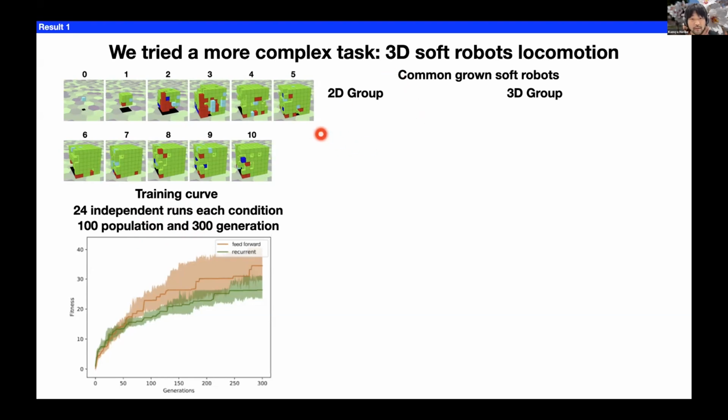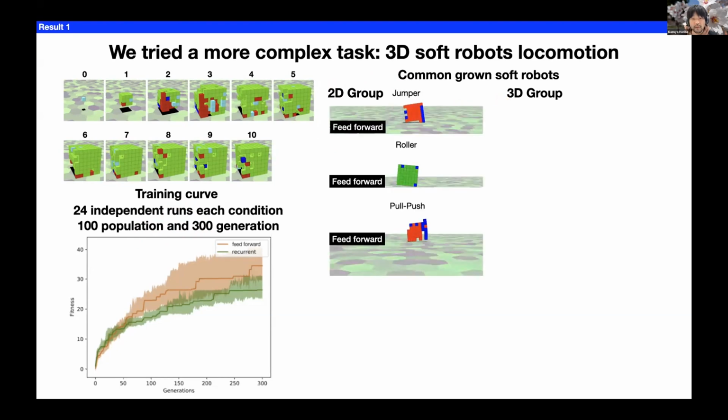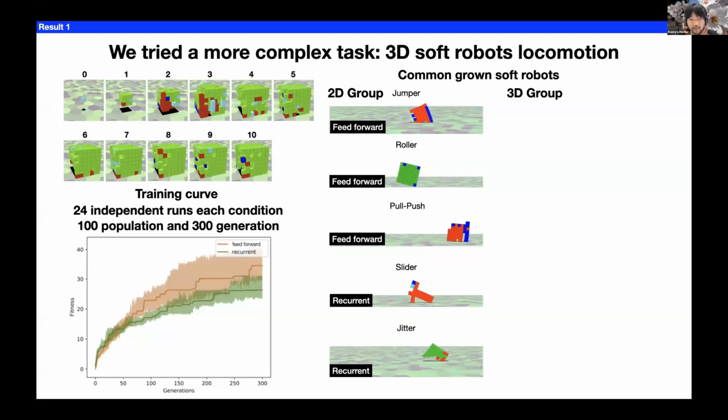We get a 2D group and a 3D group. The 2D group is like this. It is interesting because this is actually 3D space, but they evolved 2D creatures. And this is from the feed-forward network, and this one is from the recurrent neural network.